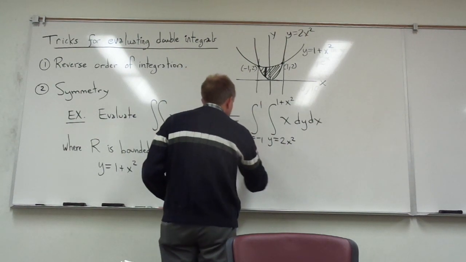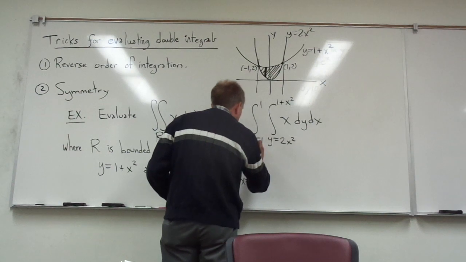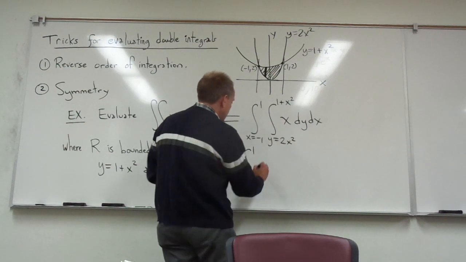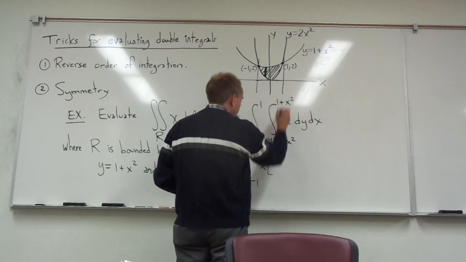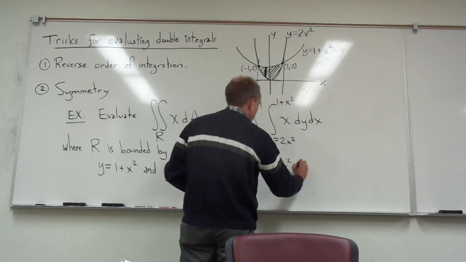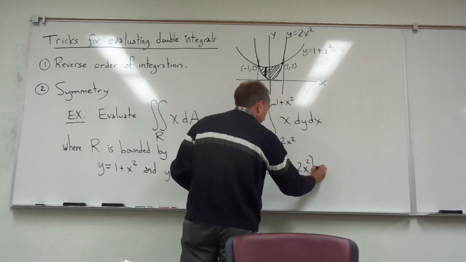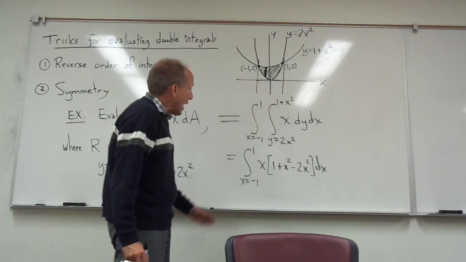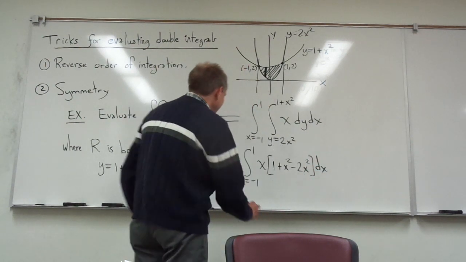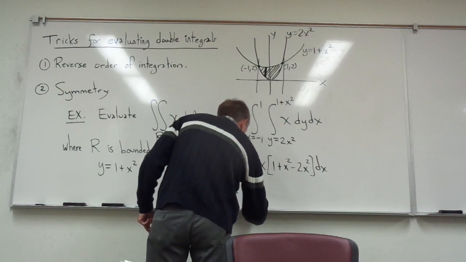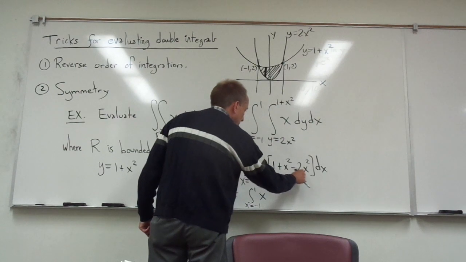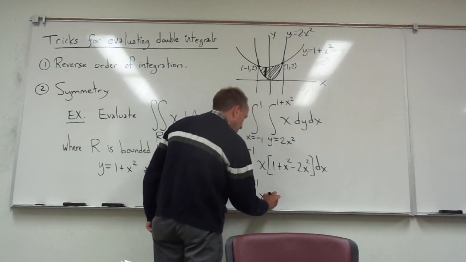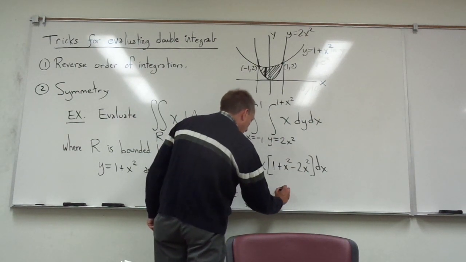If you work this out by starting with the inside integral, so if I integrate x with respect to y here, of course, I'm just going to get 1 plus x squared minus 2x squared. I can simplify that. This is going to be the integral of x from negative 1 to 1 of x, and if I just subtract this, this is negative x squared, so this would be minus x cubed.